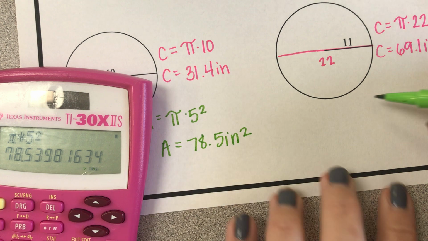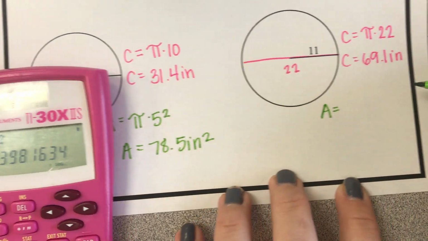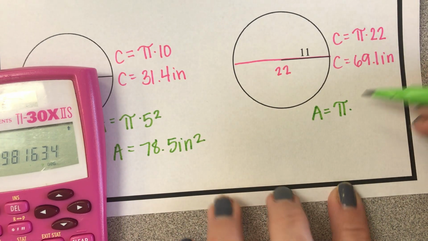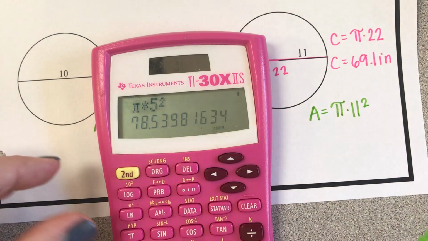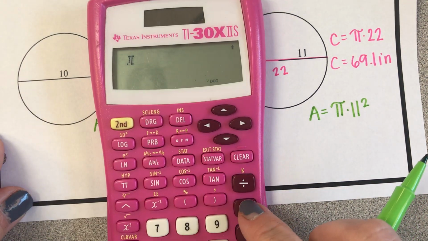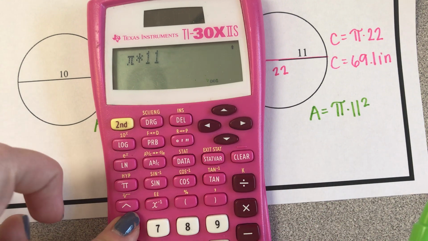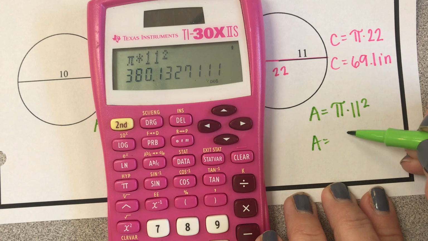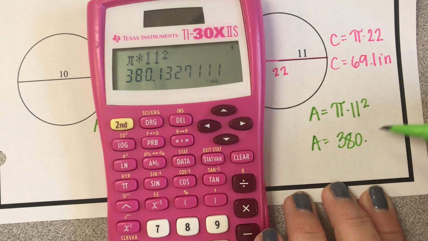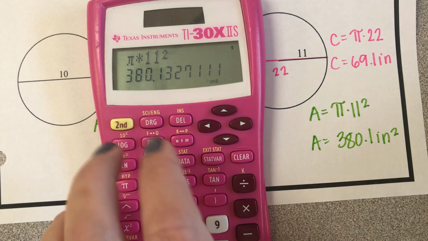And then the last one, area is pi times the radius, which is 11, squared. So pi times 11 squared, 380.1 inches squared. And that's it.